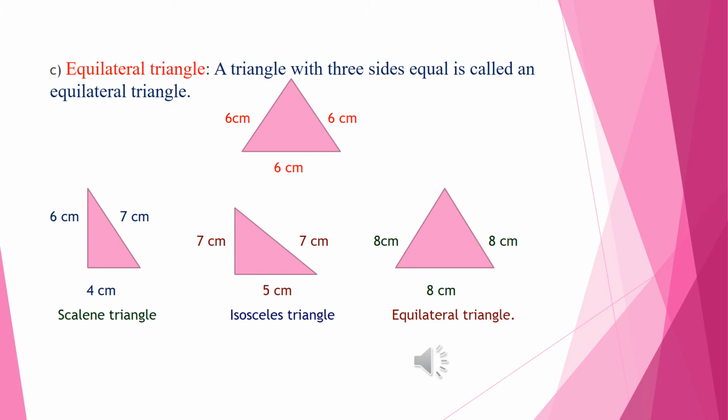In the second example, one side is 5 centimeters and the other two sides are equal, which is 7 centimeters. So this type of triangle is called an isosceles triangle. And in the third triangle, all the sides are equal, which is 8 centimeters. So it is called an equilateral triangle. I hope all the three types of triangles are clear to you all.